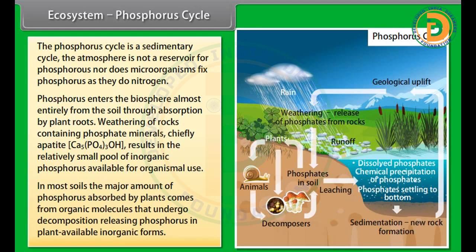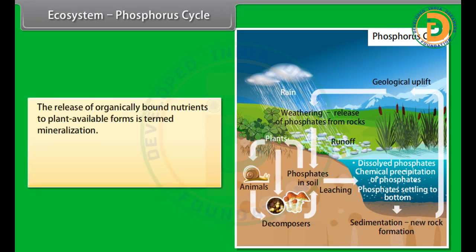In most soils, the major amount of phosphorus absorbed by plants comes from organic molecules that undergo decomposition, releasing phosphorus in plant-available inorganic forms. The release of organically bound nutrients to plant-available forms is termed mineralization.